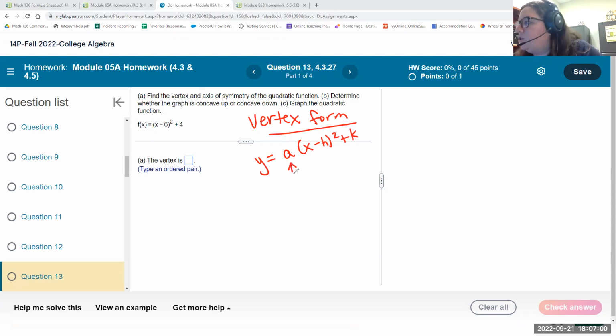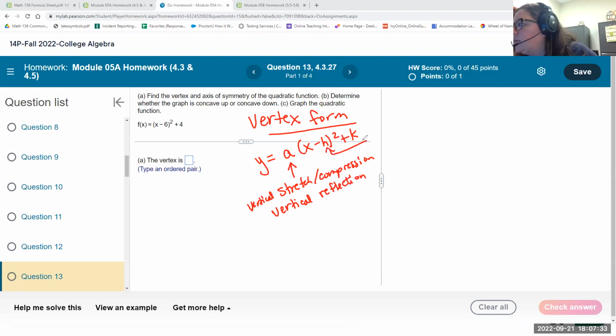The a determines any vertical stretch or compression. If it's a number bigger than 1, it would make the graph taller and skinnier. If it's a number between 0 and 1, it would make the graph shorter and wider. And it would also determine if there is a vertical reflection, so if that parabola has gotten flipped over. All of that is included in a.